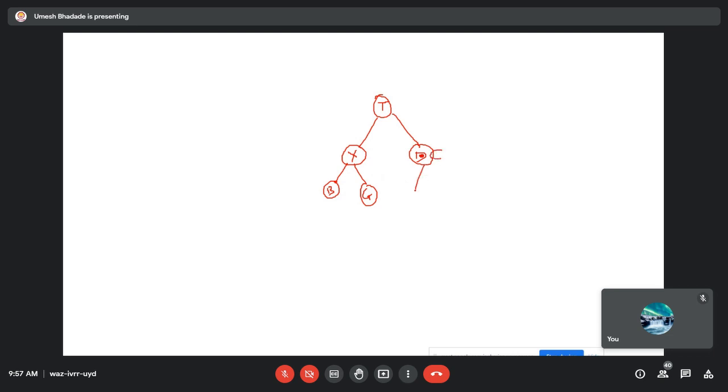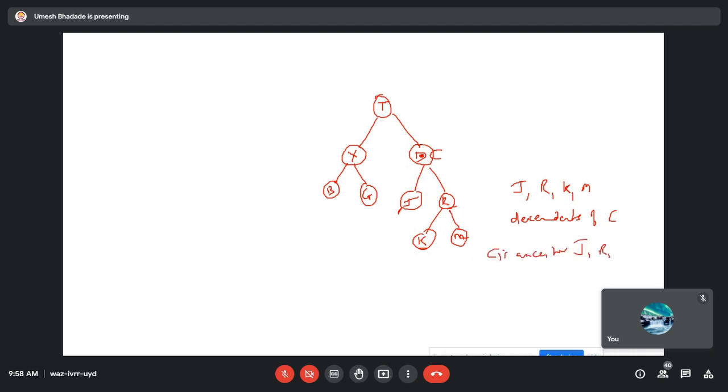C is having another node, say J, and R. R is having nodes, say K and S. Now here, in this example, node J, node R, node K, and node M are the descendants of C. That means we can say C is the ancestor of J, R, K, M, right?